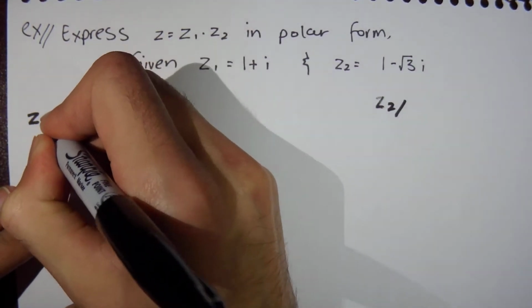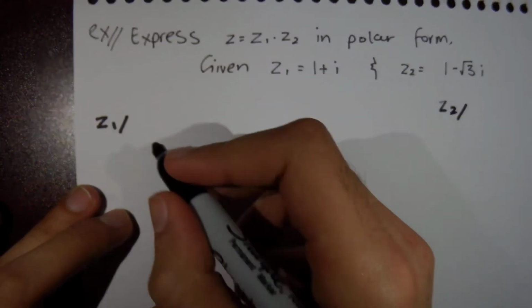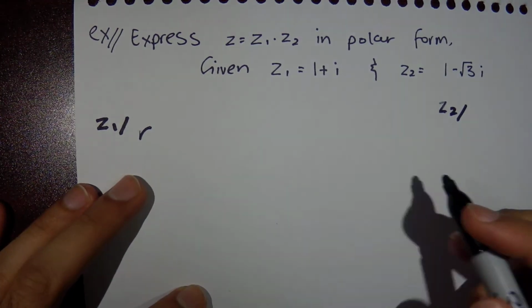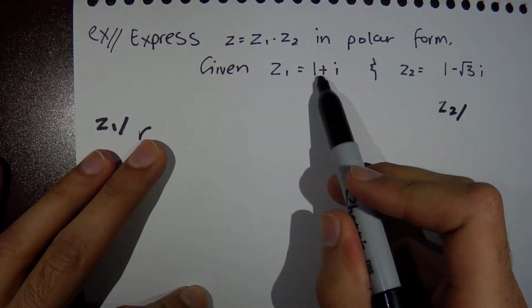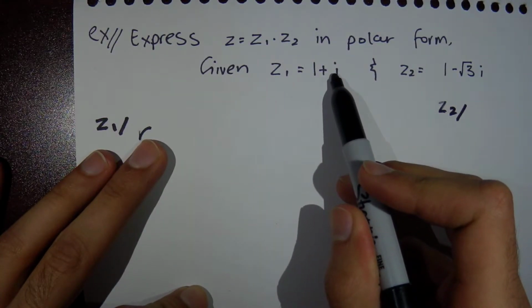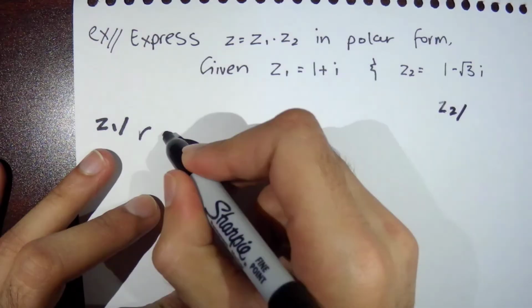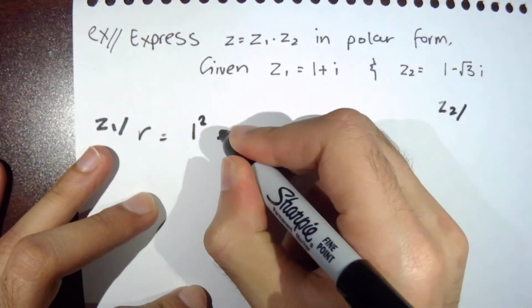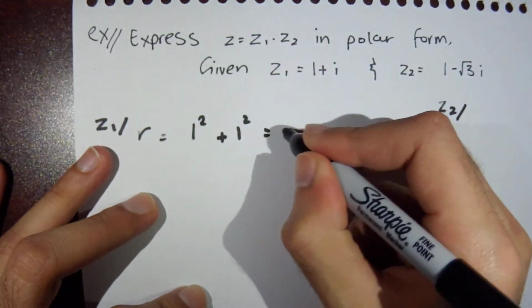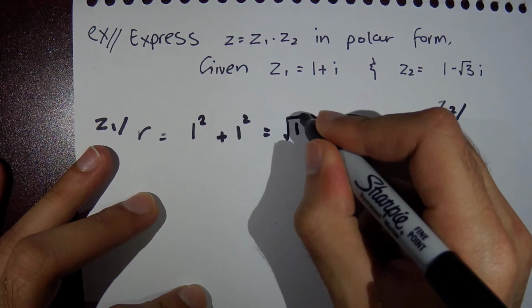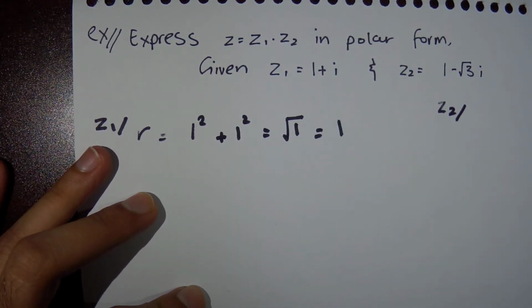And z1. First off, with z1, our modulus would be the square root of 1 squared plus 1 squared, which is equal to 1 square root, which is still 1.